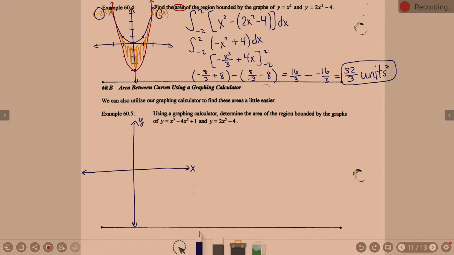Notice it just says determine the area of the region bounded by the graphs. You guys all get it graphed? Okay. The graph should look like that lovely thing, doesn't it? You've got a parabola that's nice, neatly centered.